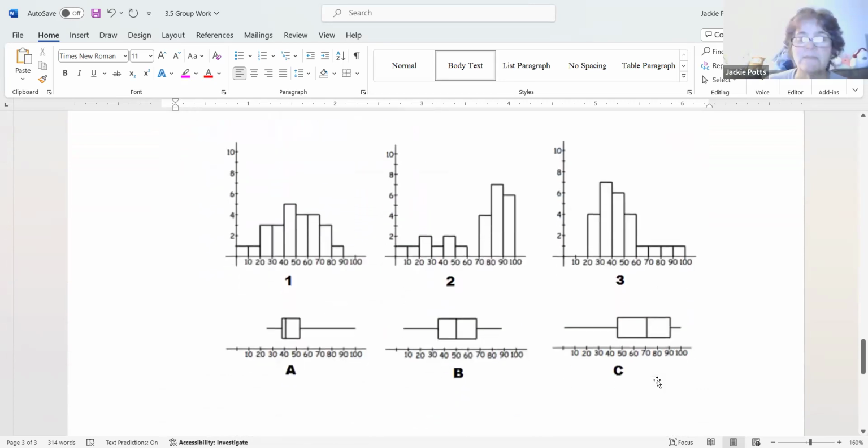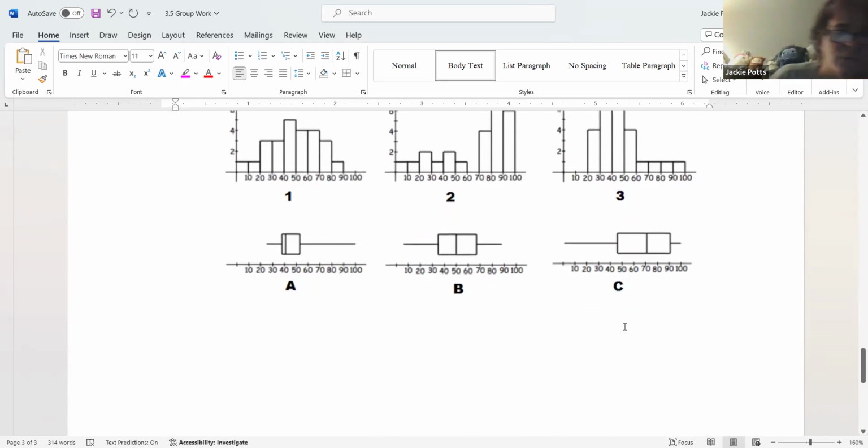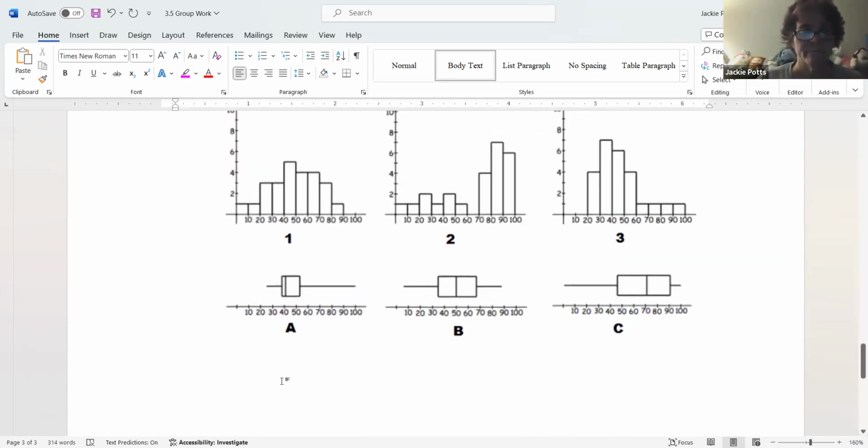So looking at this, I've got 3 here. Let's see if we can match them up. So we got 1, 2, 3. All right.